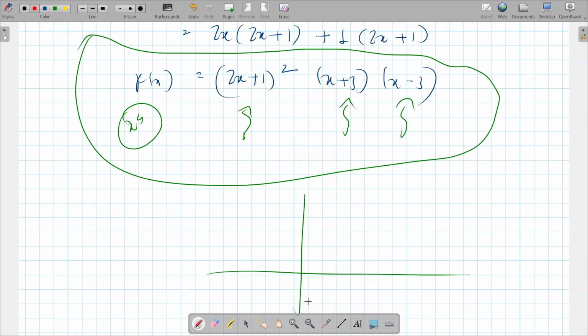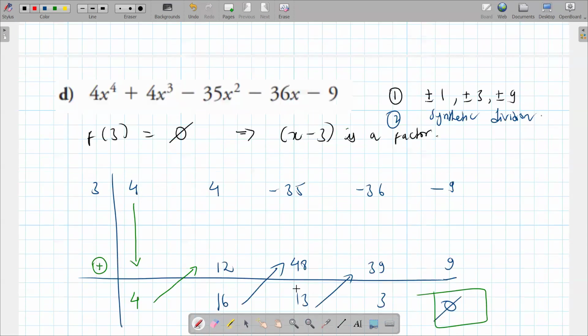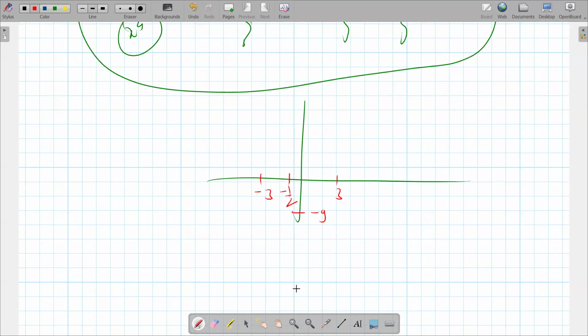So y-intercept is -9, and then your zeros are at +3, at -3, and at, where's our third zero from this x-intercept? -1/2. Yeah, -1/2.